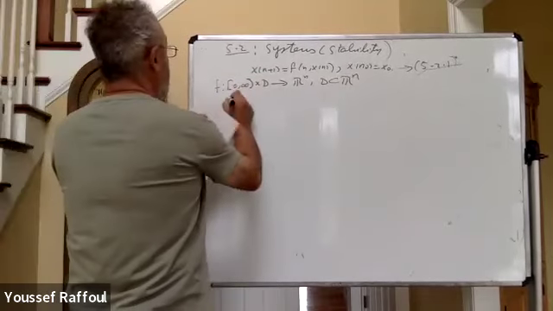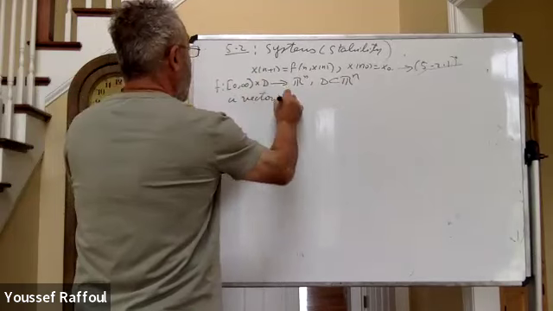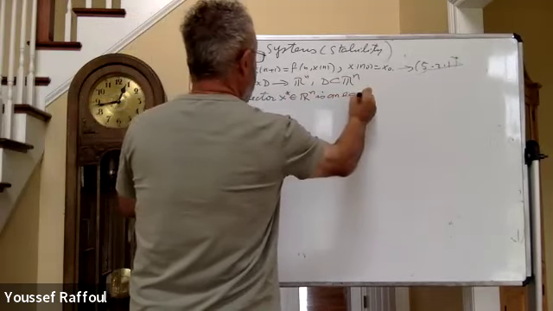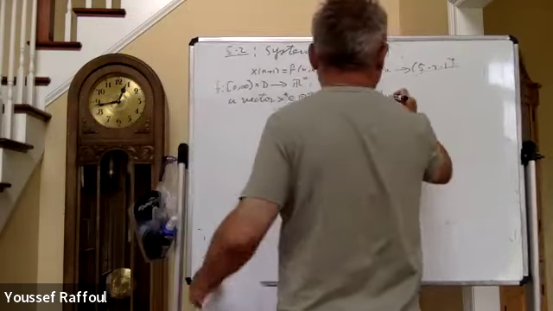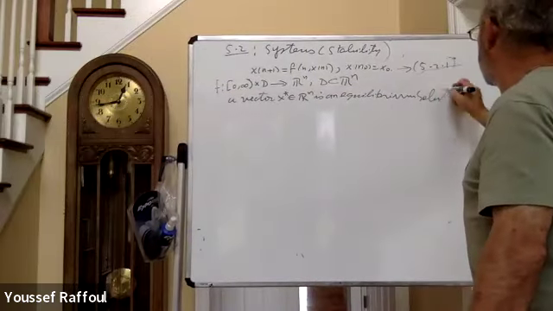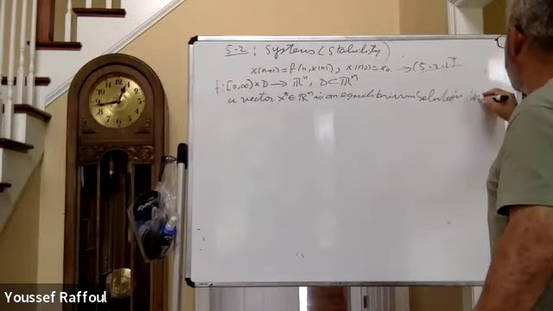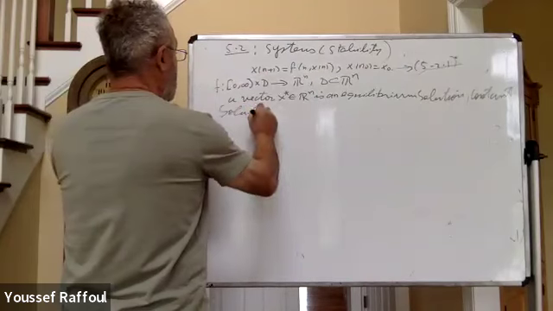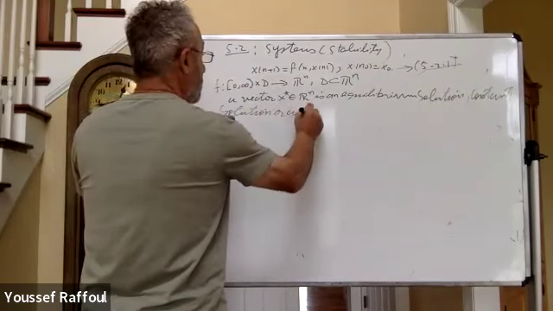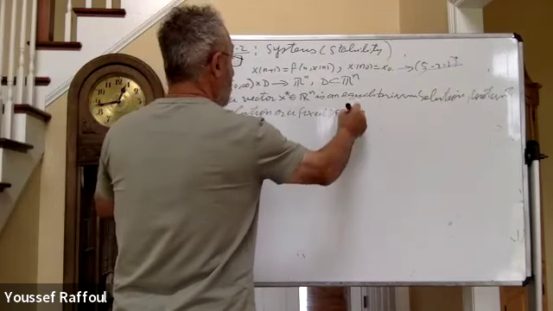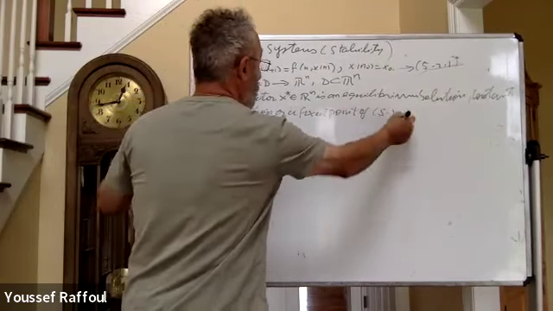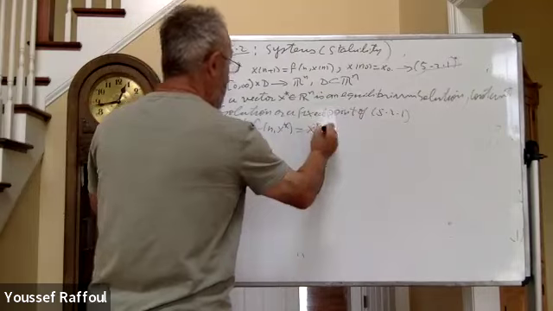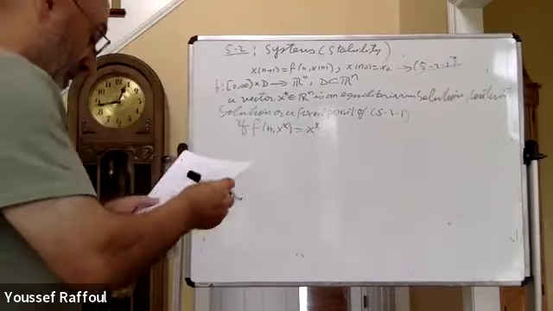So a vector x star belonging to R^n is an equilibrium point, equilibrium solution, constant solution, or a fixed point of 5.2.1 if f(n, x star) equals x star. So the same definition as before.